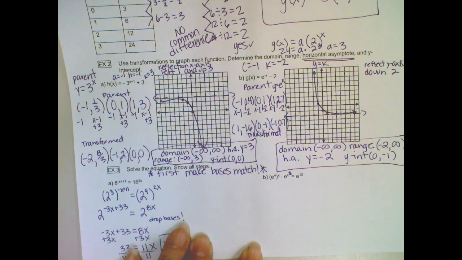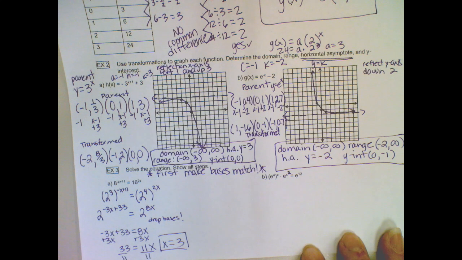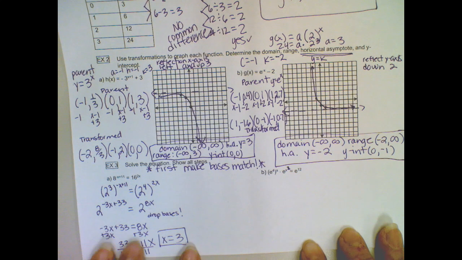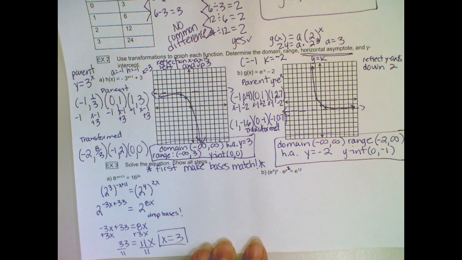So make sure that you write that in there so when you go back to look, you won't be confused. But this is a different type of solving an exponential equation. Sometimes the bases will already match, and you can just drop them and set them equal. You might not even have more than one step on some of them, but these are obviously some of the more tricky things that you might encounter.